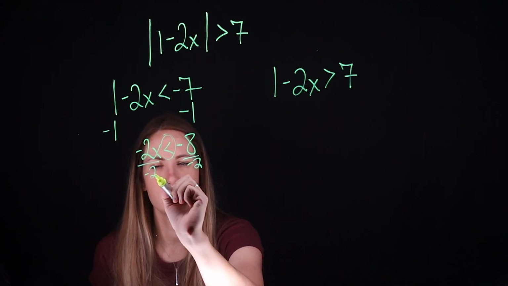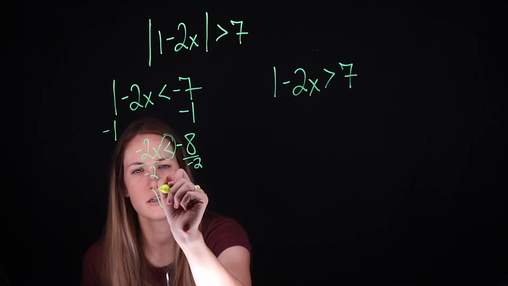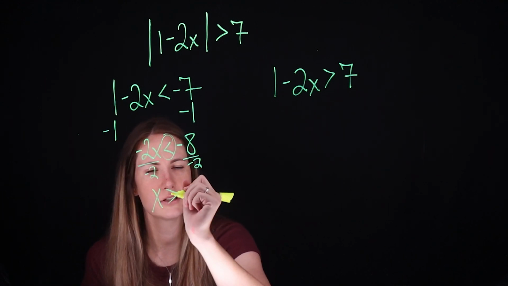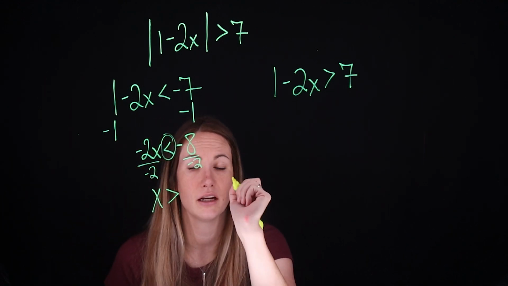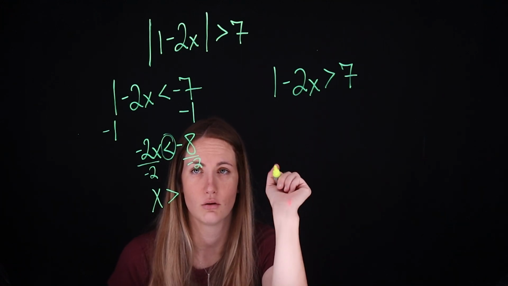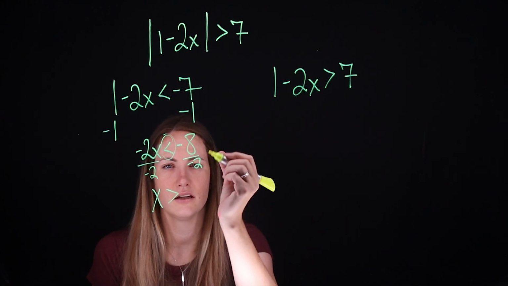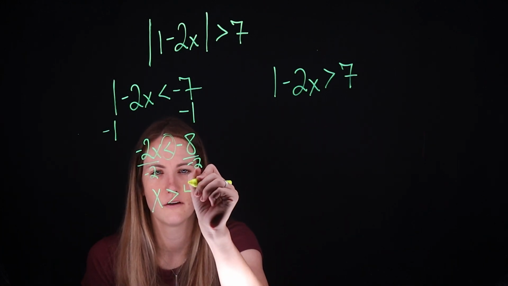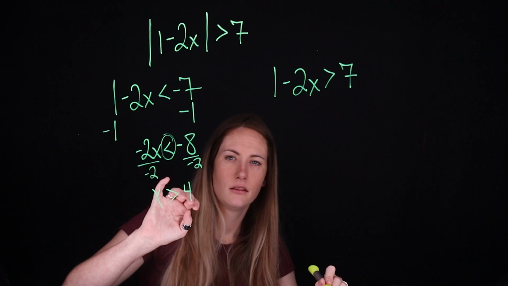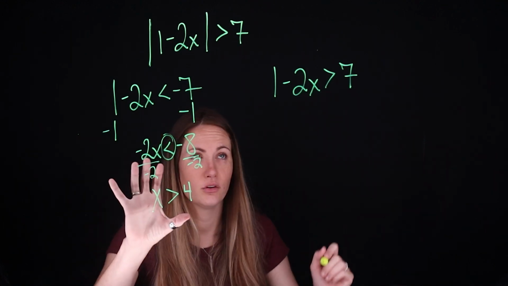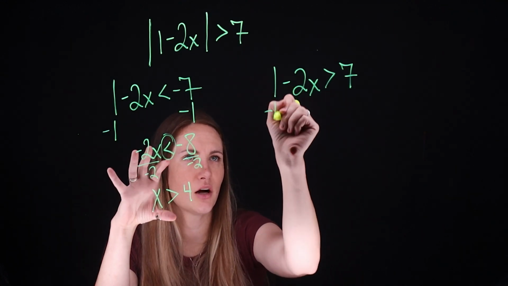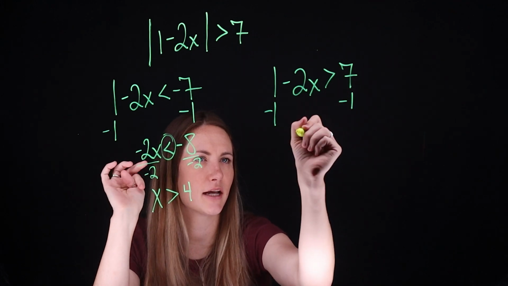So negative 2 divided by negative 2 would be positive 1. You change your sign because we have divided by a negative, and if we do not change it, it is no longer a true inequality. Negative 8 divided by negative 2 would be a positive 4. This right here is going to throw off our interval notation if you're not paying attention in a second.